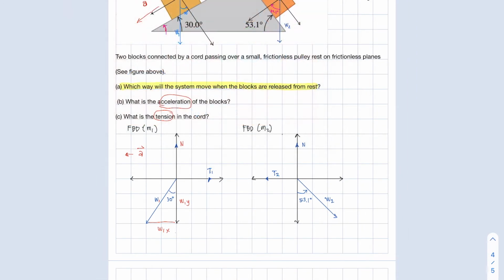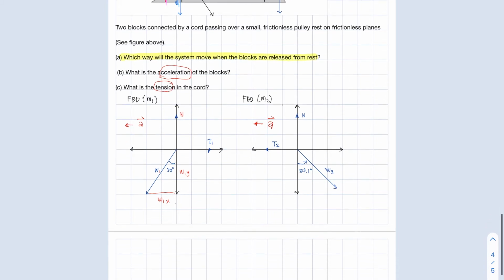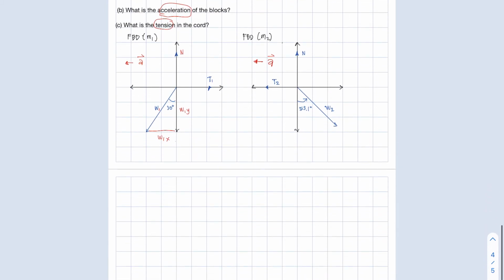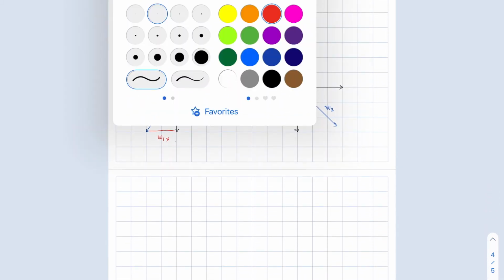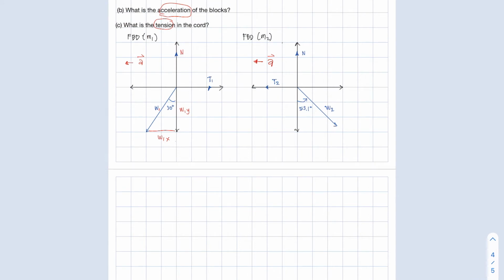Another thing to note is that the direction of your acceleration is going this way, because this will be very essential in checking the direction or the sign of the acceleration later. Once we have the free body diagram set up, we have to work with the summation of the forces. For mass 1, the sum of the forces along x is equal to mass 1 times acceleration 1 along x.